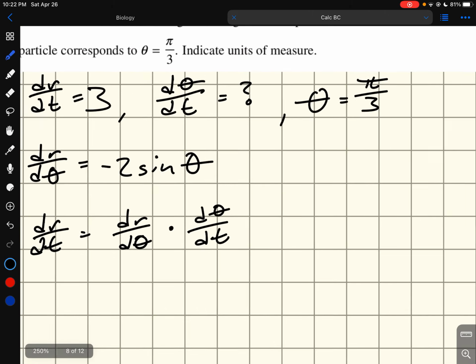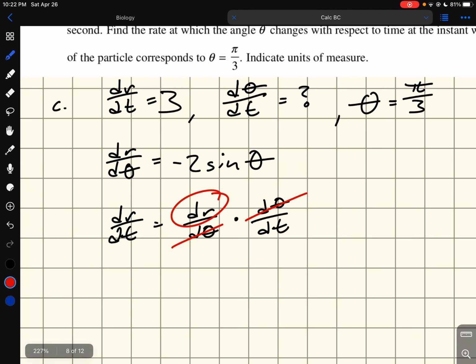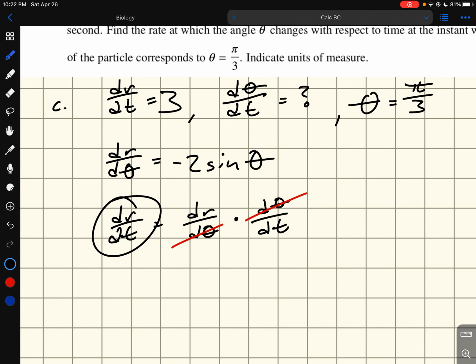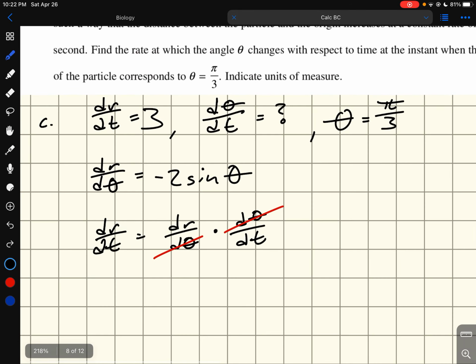The reason this works is because this theta can cancel out with this theta, and then you're just left with dr dt, which is what we have right there. That's how we relate the two.